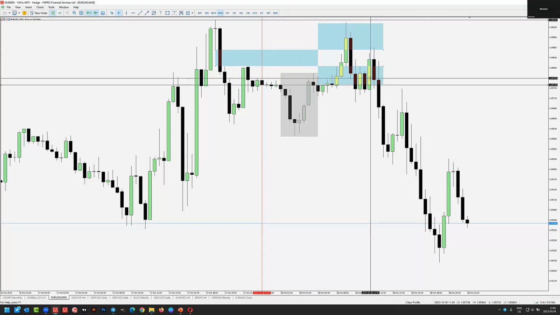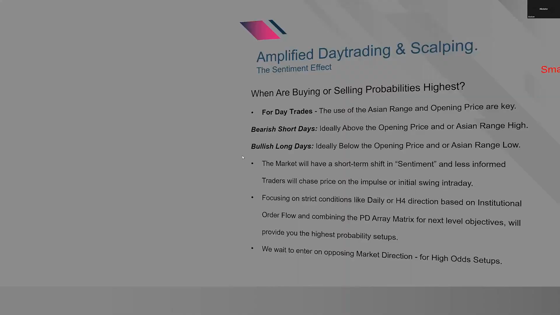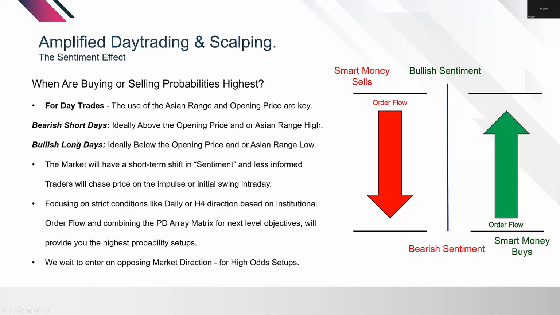That is if the market is bearish. The opposite applies if the market is bullish. If you're looking for price to go long, ideally it's below the opening price and or the Asian range low.